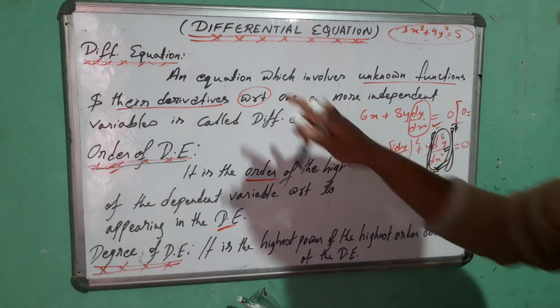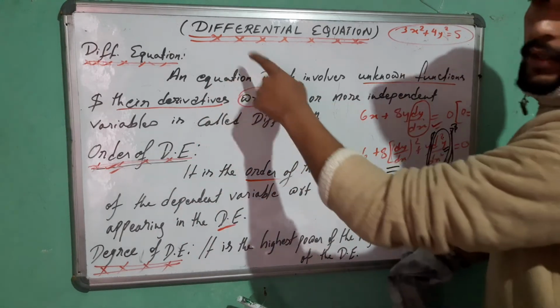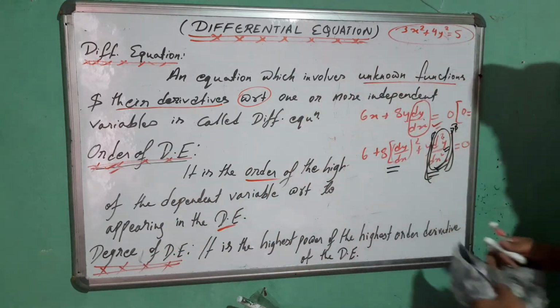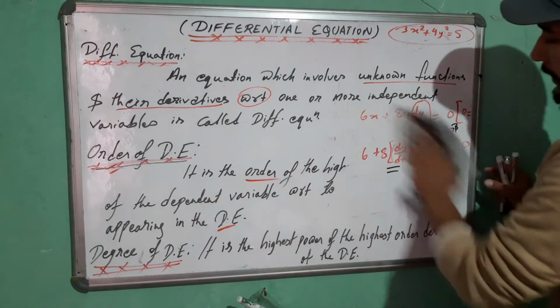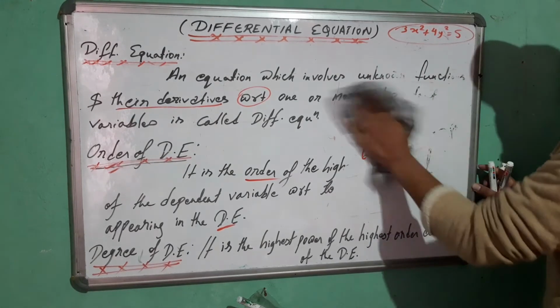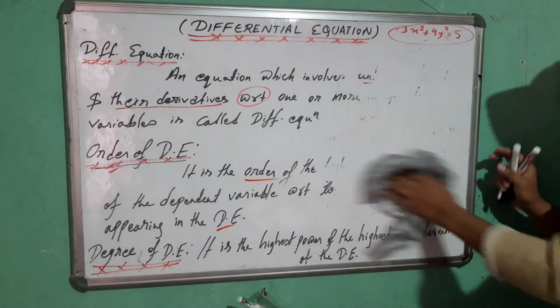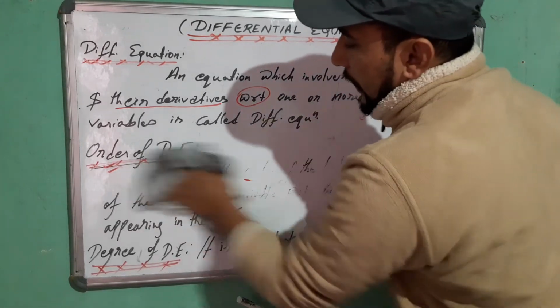So make a proper note of whatever is done: what is the meaning of differential equation, what is the order of a differential equation, what is the degree of a differential equation, and dependent variable and independent variable also. Independent variable means a variable which can assume any value.